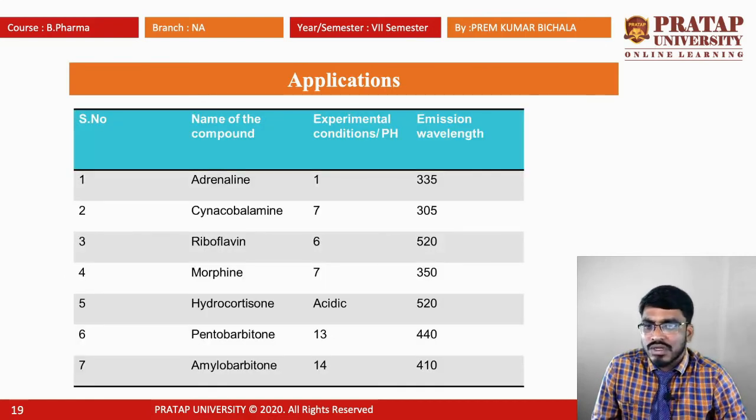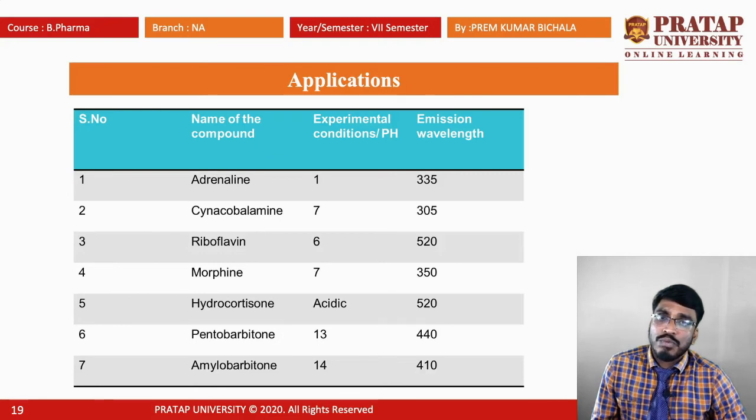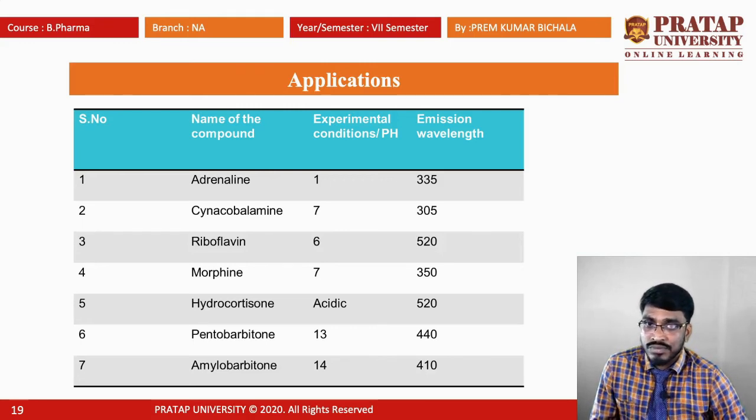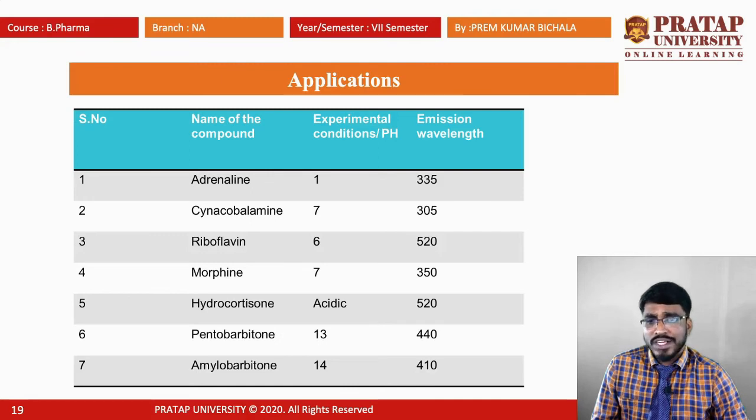So this is a table which gives some information about the compounds, from which wavelength we are going to identify their fluorescent intensity. Adrenaline we can determine at pH 1. Generally the emission wavelength of adrenaline is 335 nanometers.